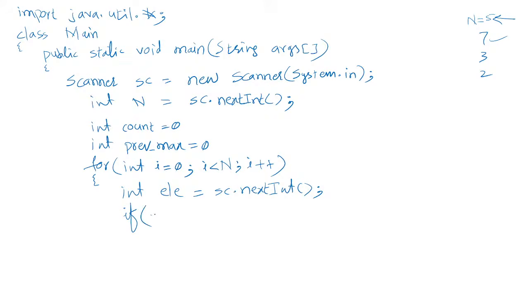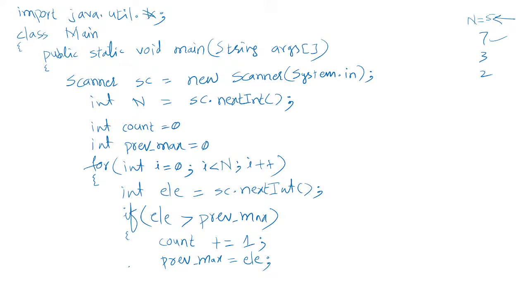If element is greater than previousMax, you need to increment the count value: count plus equals 1. Then previousMax is equal to element. I need to use a semicolon here. That's it, this is your for loop.